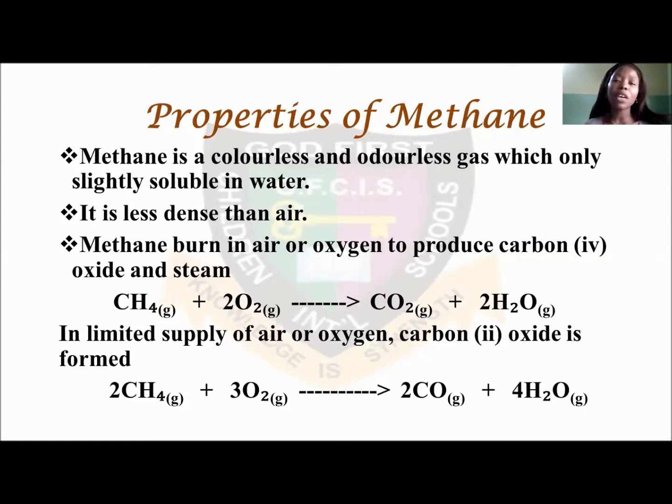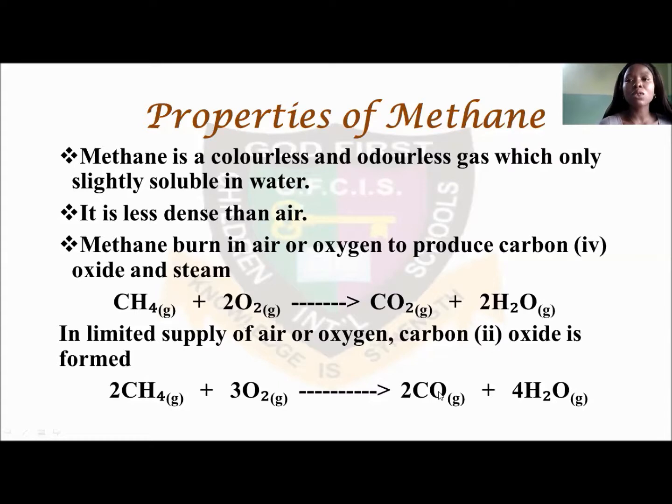Methane burns in air or oxygen to produce carbon(IV) oxide and steam. That's one property. In fact, all organic compounds, or all carbon-containing compounds, burn in excess oxygen to produce carbon(IV) oxide. But in a limited supply of air, they will burn to give carbon(II) oxide, which is CO. If you look at the equation, methane in oxygen gives you CO2, but in limited supply of air, you have CO as the product.